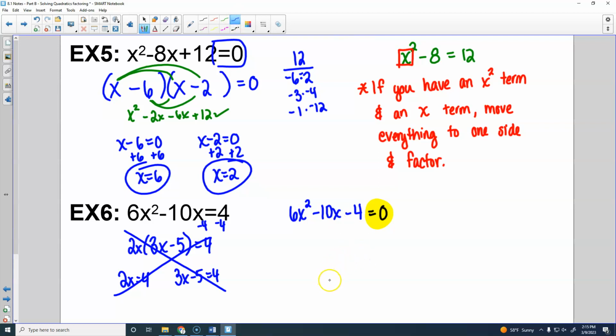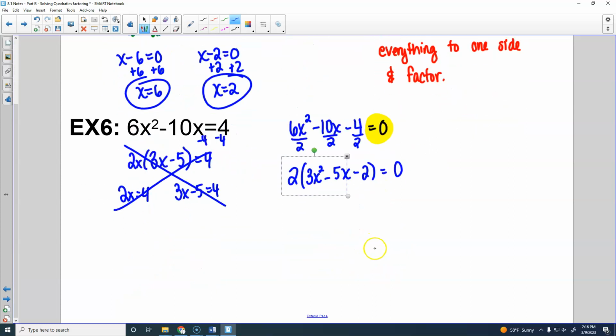What is the greatest common factor for that, Ian? 2. So we're going to divide everything by 2, pull it out here, and then we'll have 3x squared minus 5x minus 2. The 2 just kind of hangs out front.